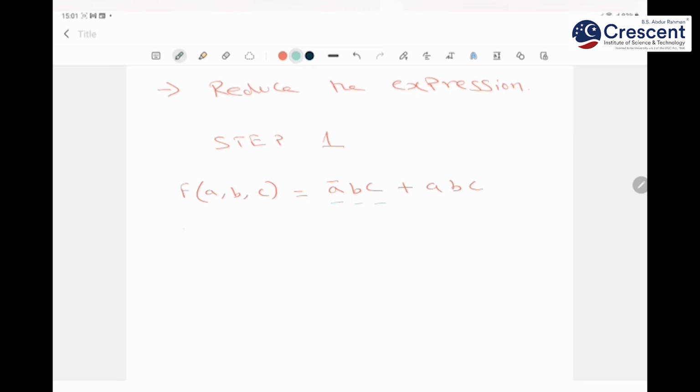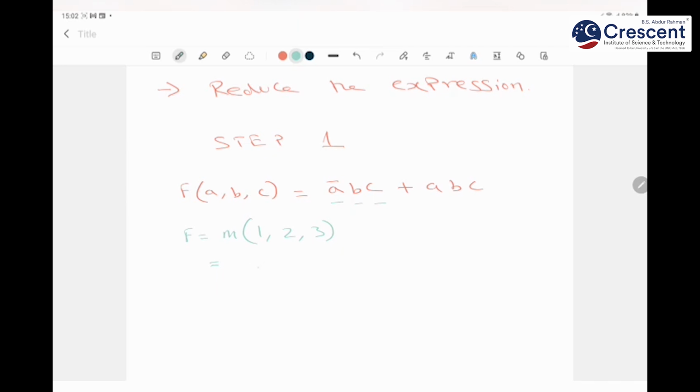Sometimes a problem may have something like this: f is equal to the min terms of 1, 2, 3. If the function is given in this format in terms of min terms, then you can take the maximum highest number.